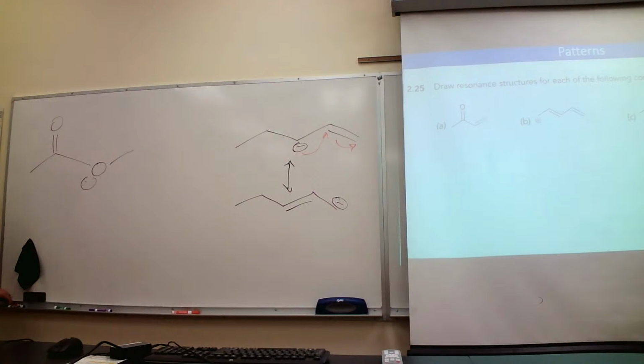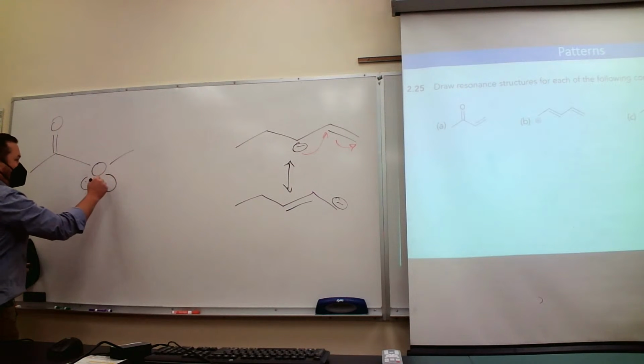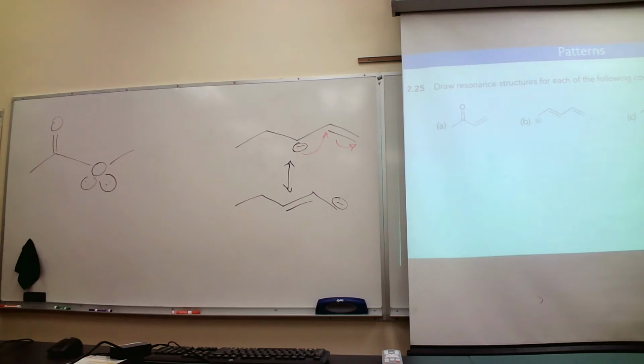So this is another one where technically we could draw two other resonance structures, but one's going to be very unstable. Because if we have a difference in electronegativity here, we could have a resonance structure that just looks like that.